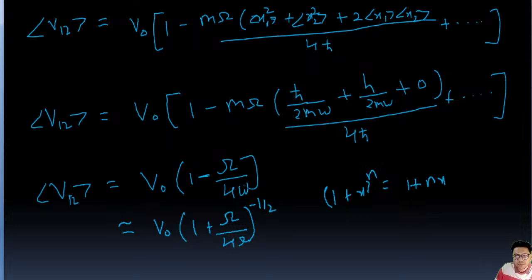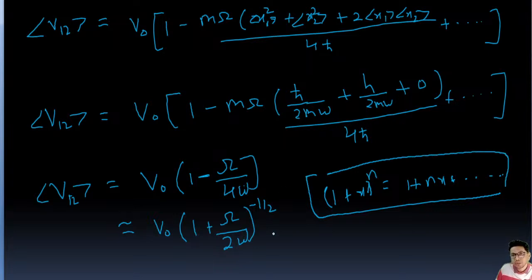So yeah, this is going to be 2 omega, sorry, 2 omega, right? So if you take only the first two terms, it is going to be 1 minus omega upon 4 omega, right? So this is going to be almost equal to this, okay? nx plus so on, if you open this.